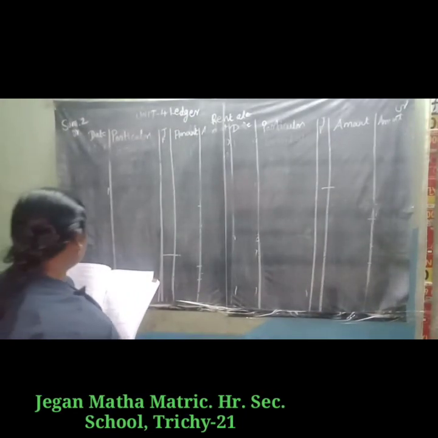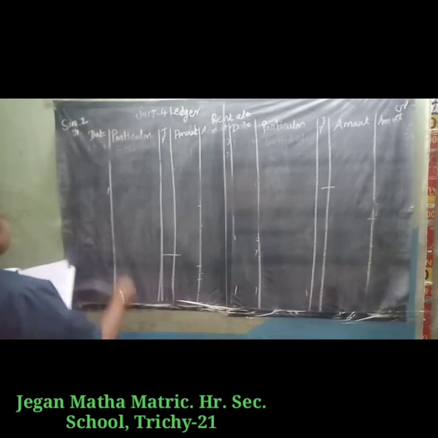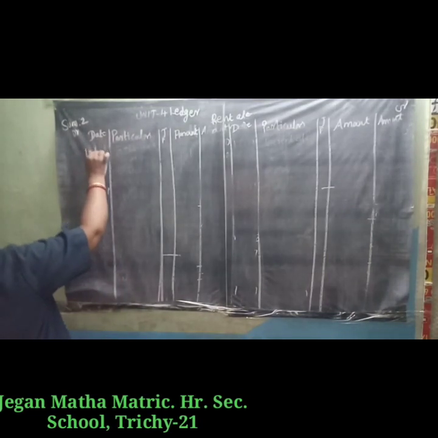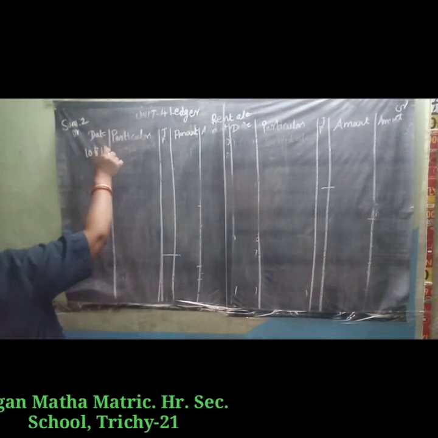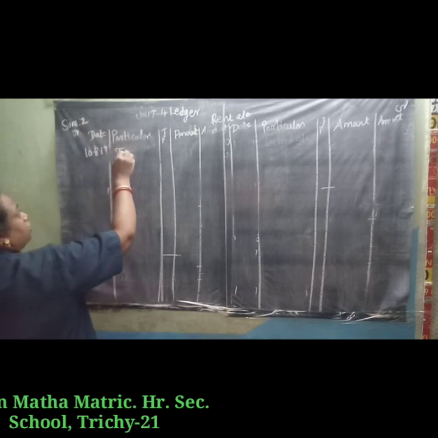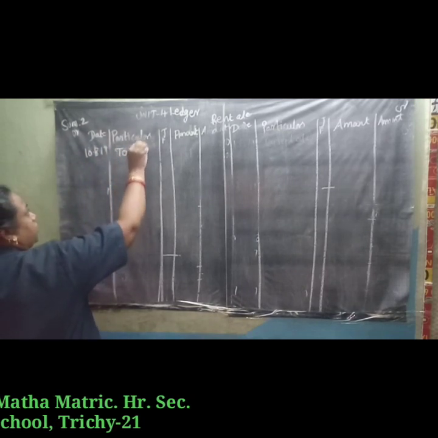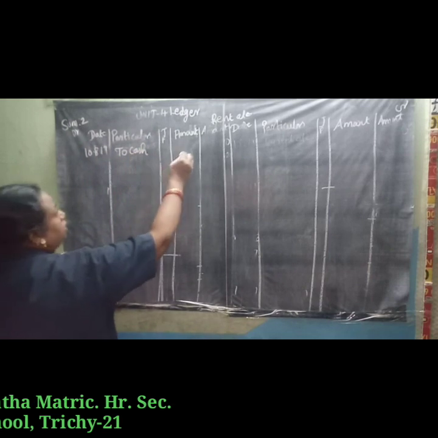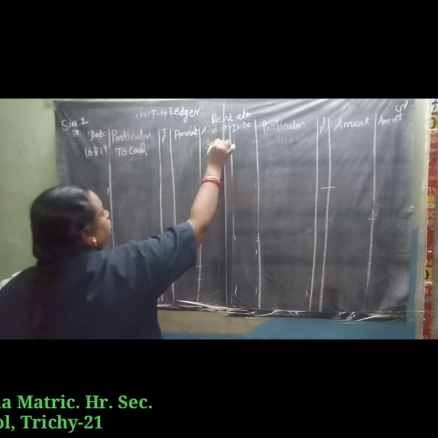Next we prepare the rent account. Date 10/8/2017, rent paid to cash. Rent is on the debit side, to cash account 3,000.